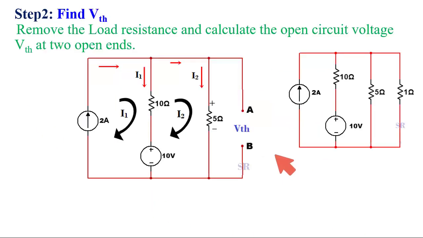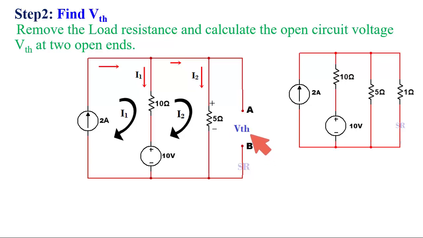To find Thevenin voltage VTH, we will just disconnect the load resistance, keeping all other sources and resistances as they are. See here, this is the circuit to find VTH. Here the voltage across these points A and B is the VTH.